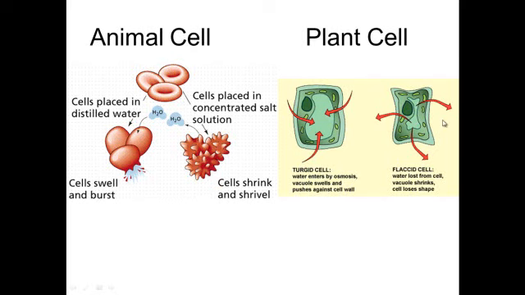However, if you put it in a concentrated salt solution, the water leaves the cell and it goes through plasmolysis, which basically means the cell plasma membrane will pull back from the cell wall and the membrane inside will shrivel up, but you'll still have the plant cell wall on the outside kind of staying there. So it's kind of like the cell inside shrivels up, but because it still has the plant cell wall there, it's called plasmolysis. Just a little different term.